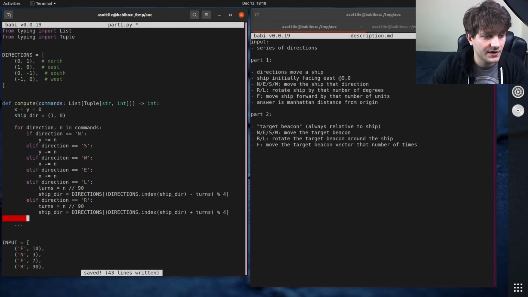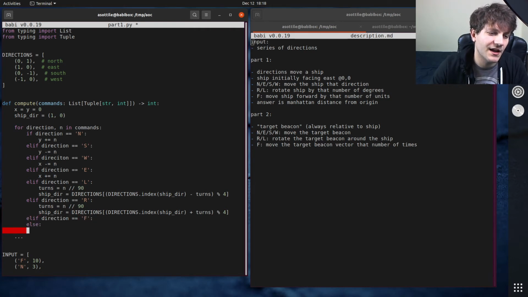And then after we've done that, we do our last thing, if direction is equal to forward. And I usually like to have an error for my unexpected case here. Unexpected, let's see, direction and n.